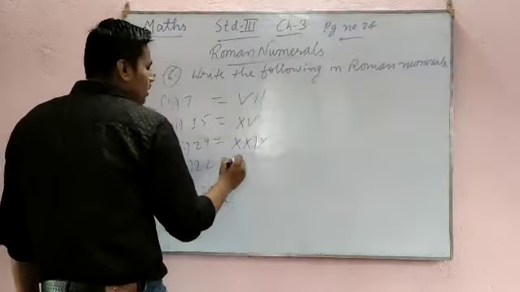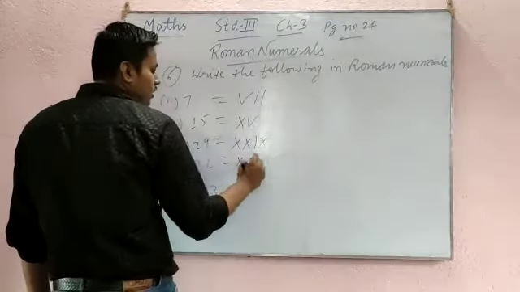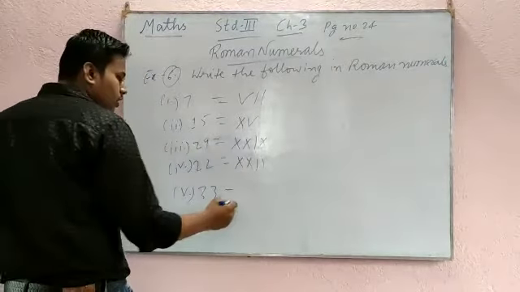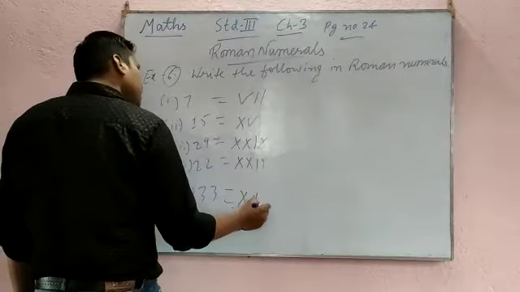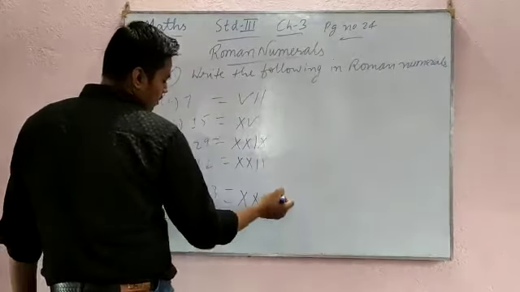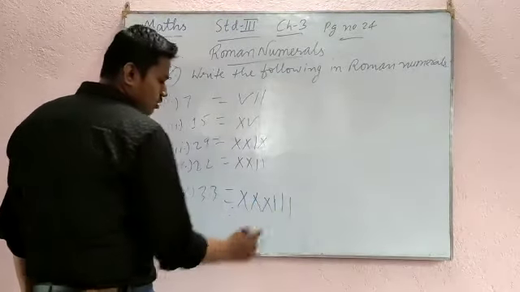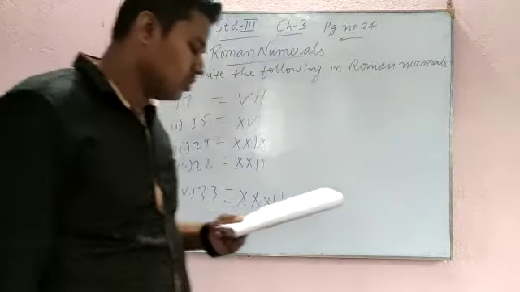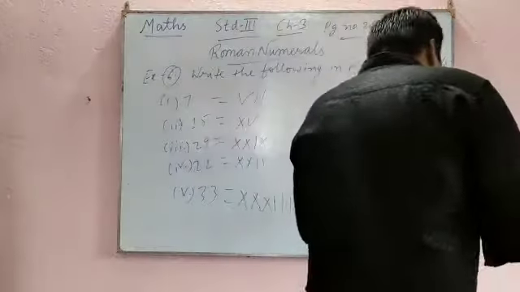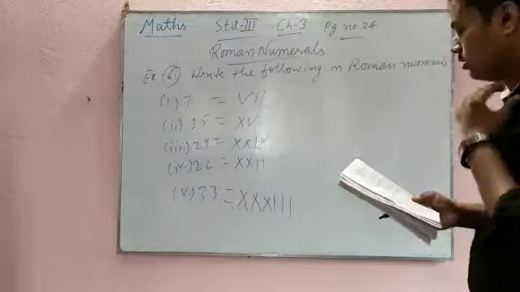Now 22. 10 plus 10, 20 and 2, 22. 33, 10 plus 10 plus 10, 30, 31, 32, 33. Got? Understood? All these examples come for exercise 7. Okay.